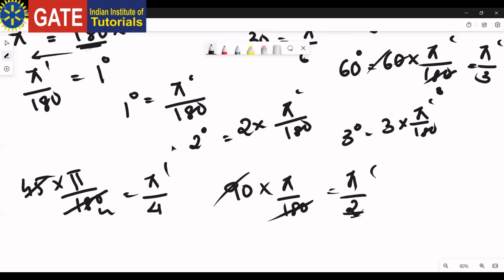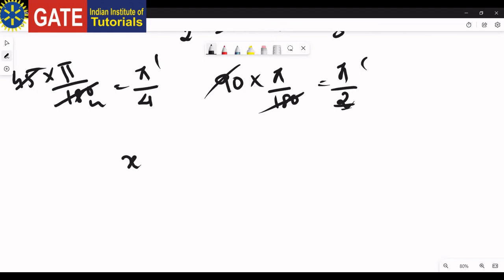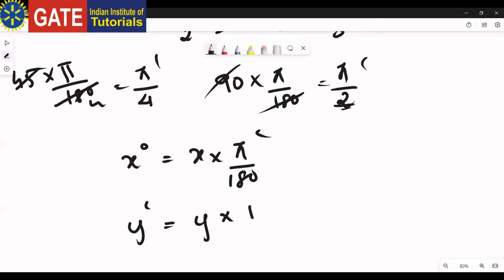What is the conversion formula? x degree will be equal to x into pi by 180 radians. Now, if you have to convert in the reverse order, from radian to degree, what do we have to do then? You have to go for the reciprocal. So, if you have y radians and you need to convert to degree, then y radians will be equal to y into 180 by pi degrees.